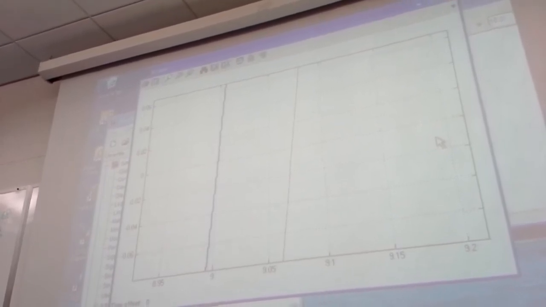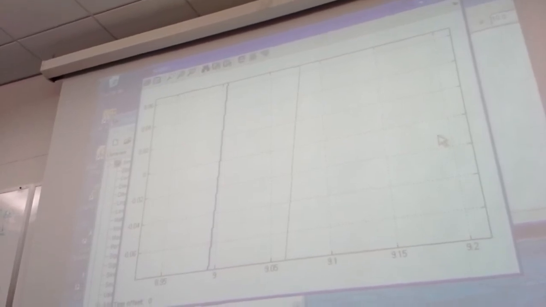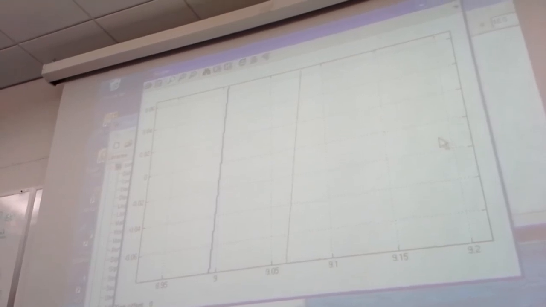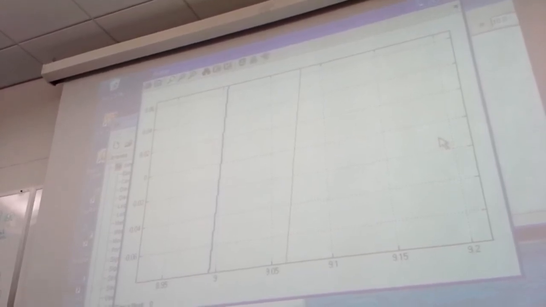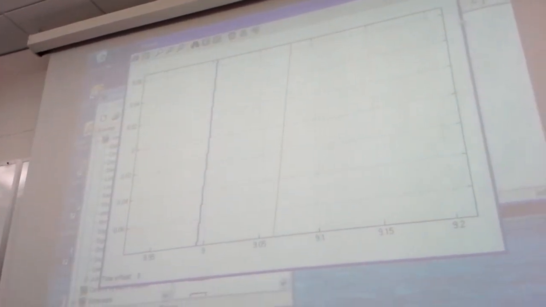What it means is phase delay, time delay, you have to keep that in mind: the phase delay, time delay, and gain. Okay? Any questions on this? This is by simulation. Now, theoretically, how to find it?